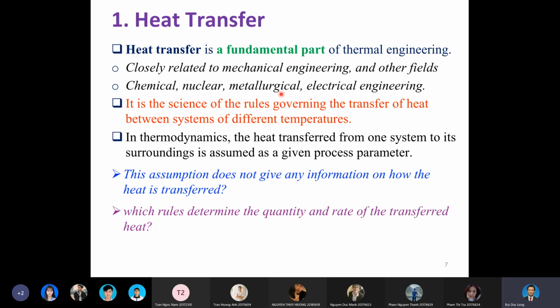It is also involved in electrical engineering and, of course, nuclear, like a nuclear power plant.